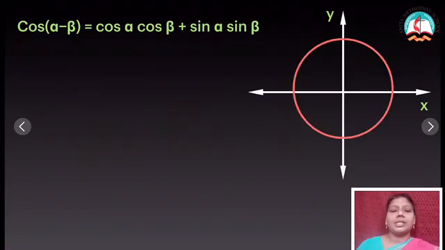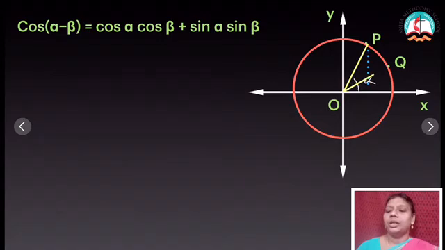Since alpha minus beta is a lesser value, I have to take it only in the first quadrant. So let P and Q be two points on the first quadrant. I take the point P that makes an angle alpha, and I connect the origin O to it with a line, and O to Q. That one forms the angle beta.